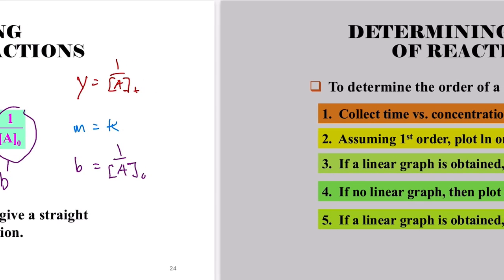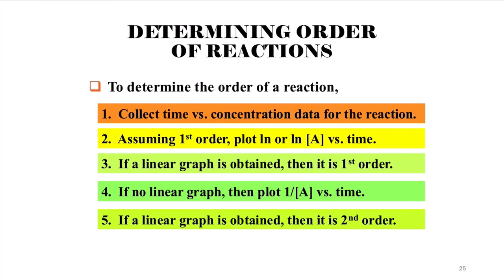And so kind of a sequential, stepwise way you approach that is you collect the concentration versus time. Assuming first order, plot the natural log of A versus time. If a linear graph is obtained, then it's first order. If no linear graph, then plot 1 over A versus time. And then what if that's not linear, then what are you going to plot? Zeroth order, right?